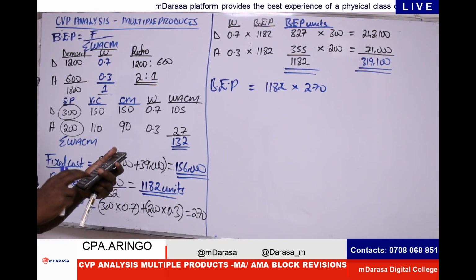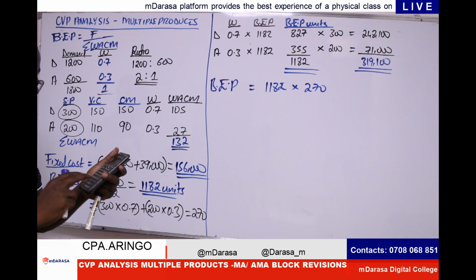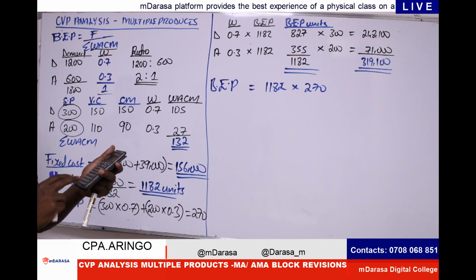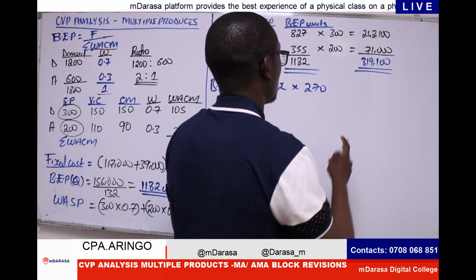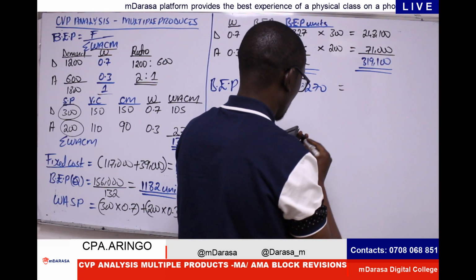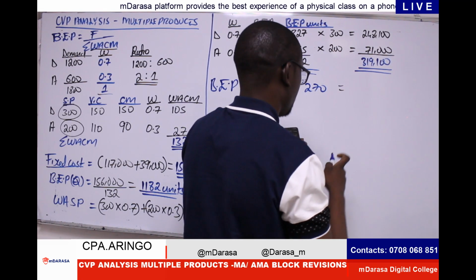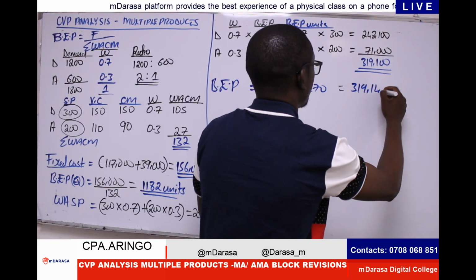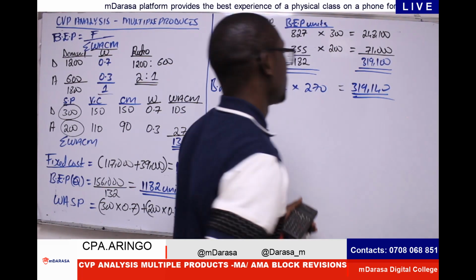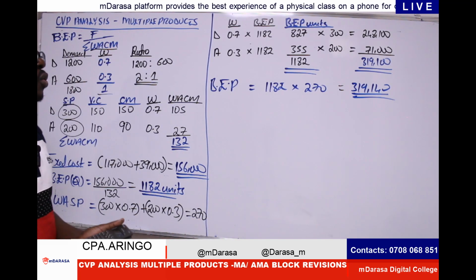So 1182 by 270 would give us almost a similar value. Because of rounding offs, you'll find that the variance is very minimal: 319,140.